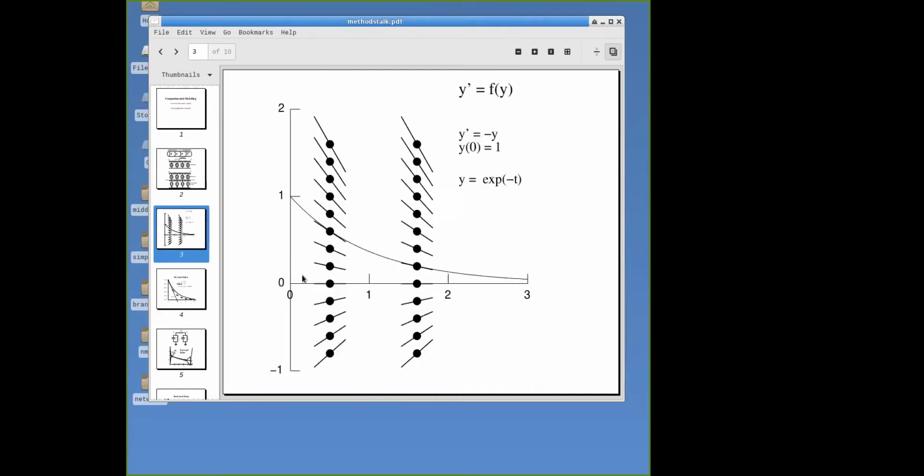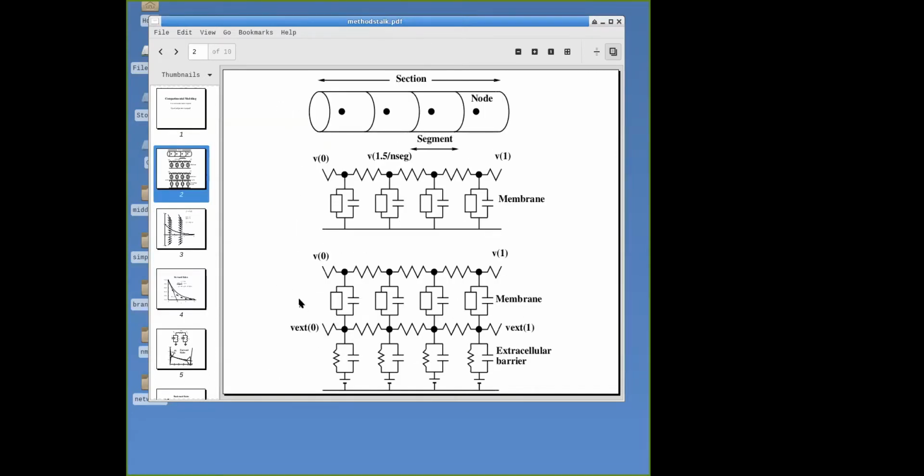And if we had a so-called extracellular mechanism present, we would be adding a second layer of elements with more axial resistances separating these nodes that represent membrane potential at the outside surface of the cell. These nodes are where the potential on the inside of the cell is located.